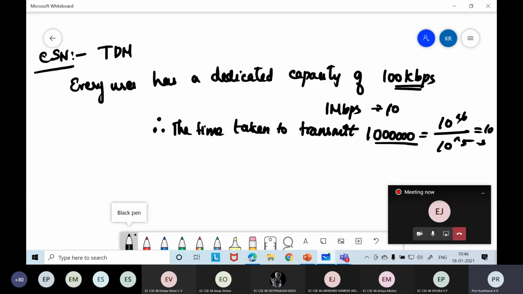All right, to transmit this much data in this link, you will have 10 seconds in a CSN which uses TDM technology.